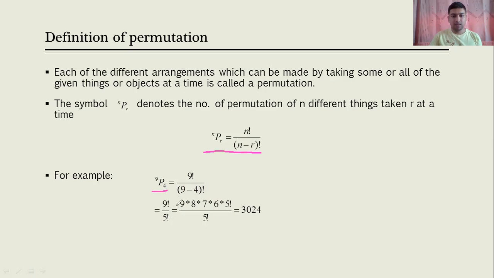How can you expand 9 factorial? 9 into 8 into 7 into 6 into 5 factorial, divided by 5 factorial. You can cancel out 5 factorial and 5 factorial, so you will end up with the answer 3024. I hope you have understood how to calculate nCr and how to calculate nPr. These formulas are important.